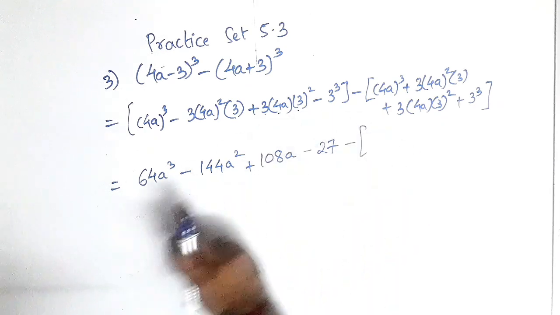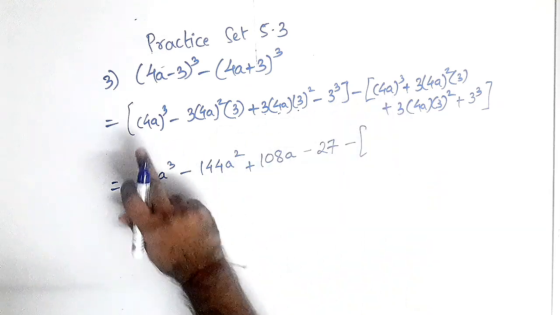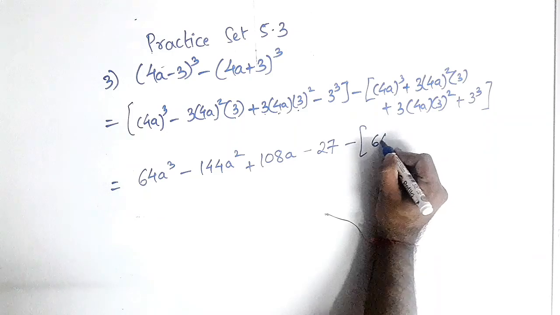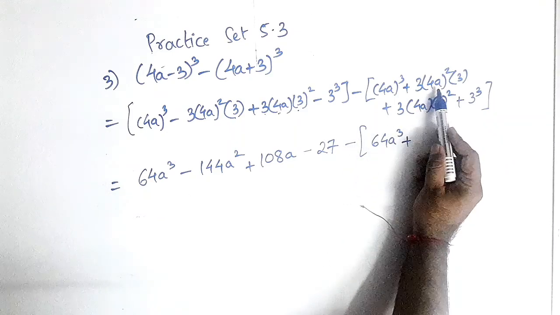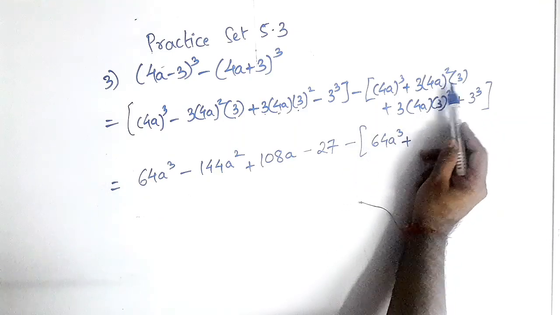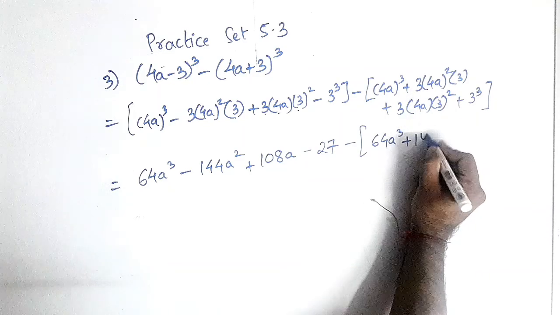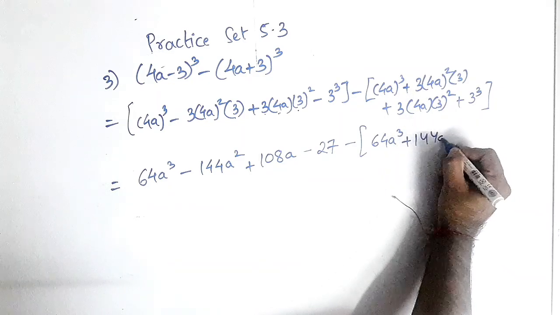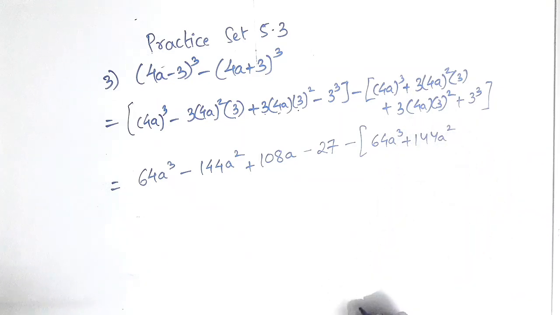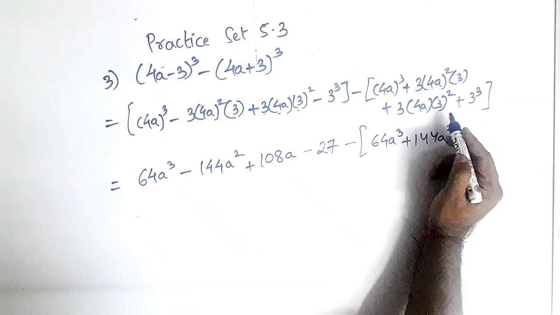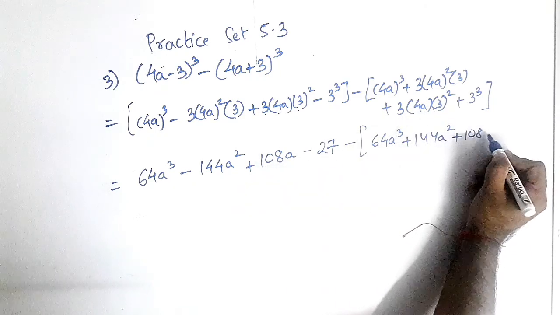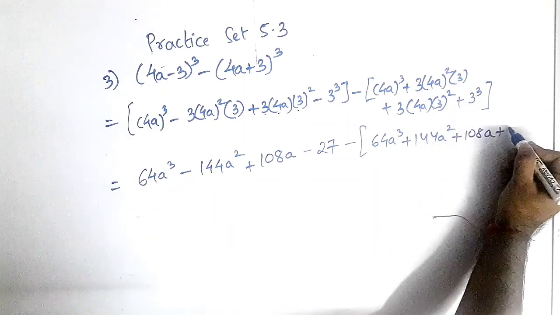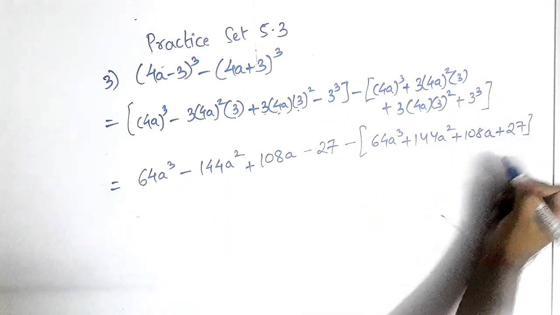Again let us take the help from here. 4a cube we did here, it is 64a cube plus 3 4 square 16 3s are 48, 3s are 144a square plus 9 4s are 36, 3s are, this is 108a plus 3 cube is 27.